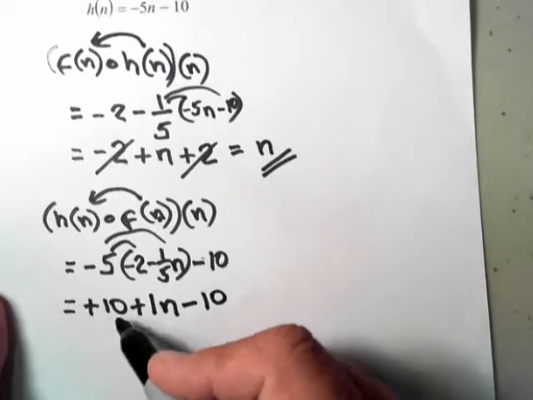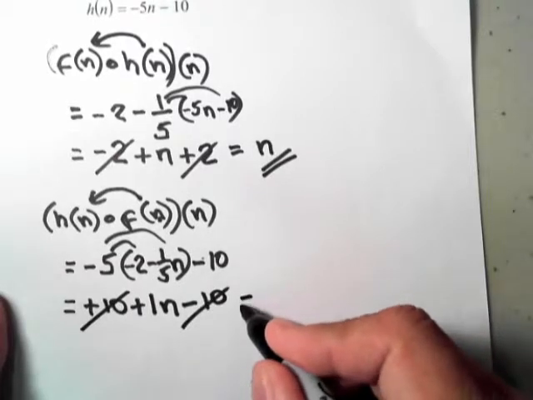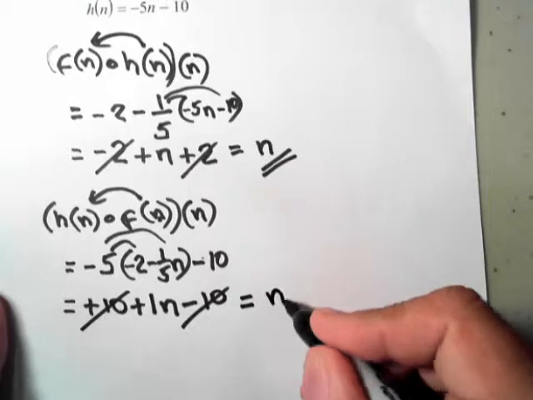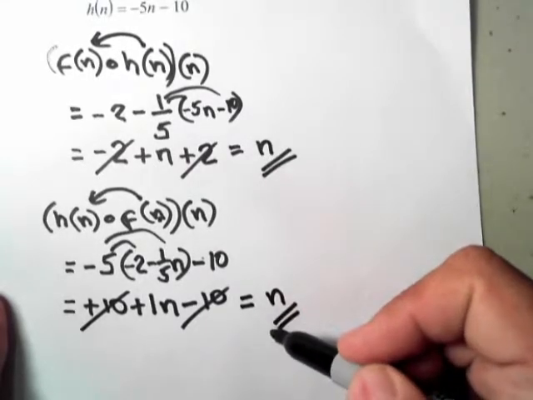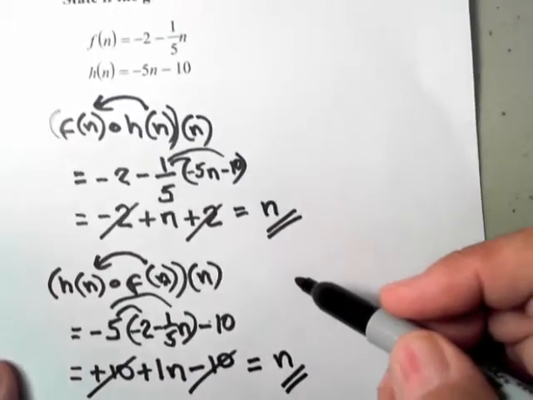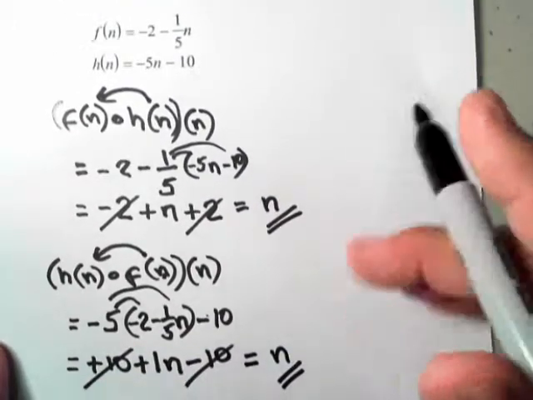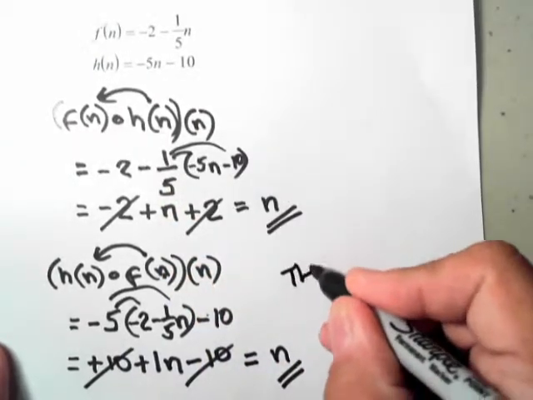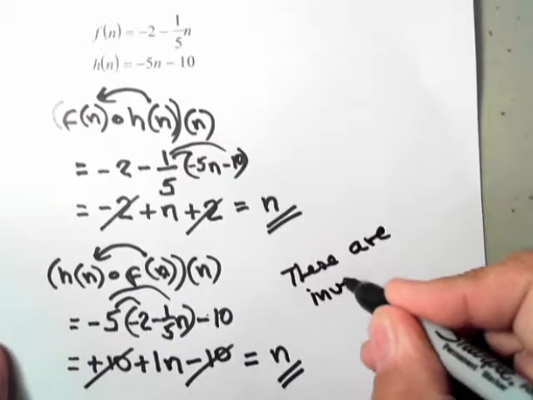You can see this is going to work because plus 10 and minus 10 knock each other out, and plus 1n is just n. So, since both of these gave you back the variable that was in the original function, the n's, then these are inverses.